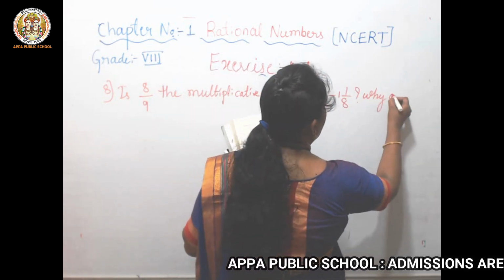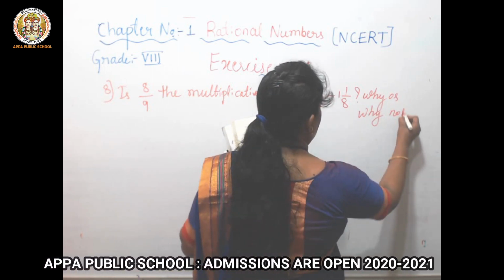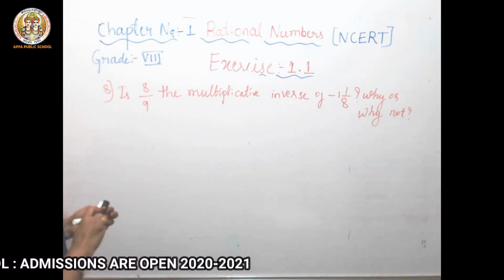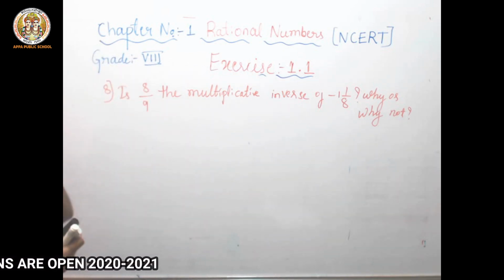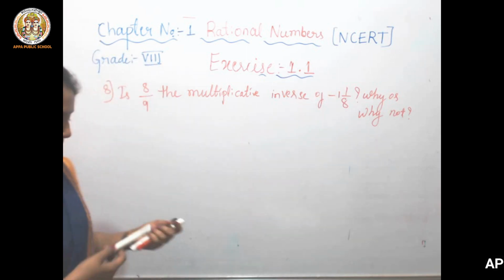Why or why not? See, first let's understand the question. They are asking whether 8 by 9 is the multiplicative inverse of minus 1 by 8.